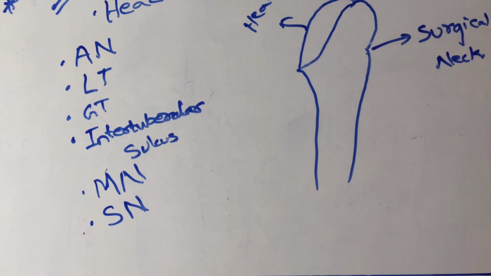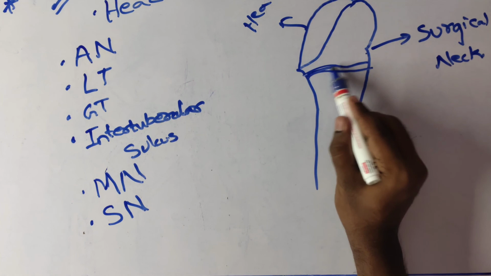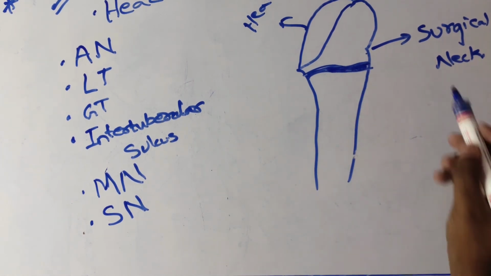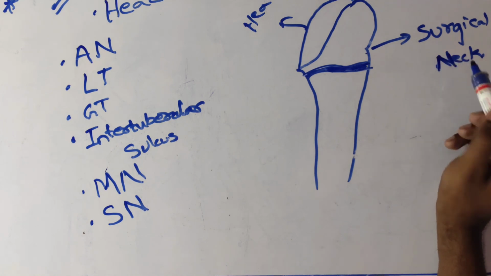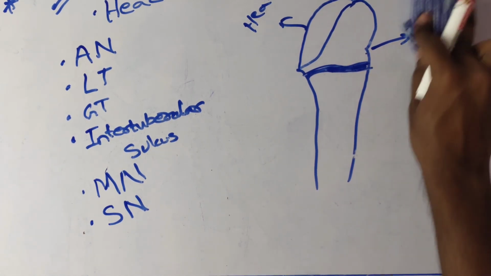This is morphological neck, epiphyseal line. We already discussed it. And this is surgical neck. Surgical neck is the most common site for fracture of the upper end of humerus.